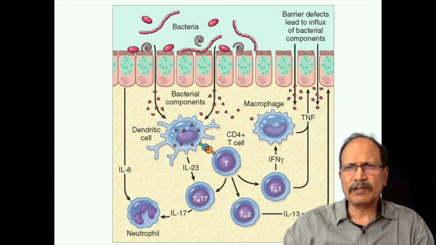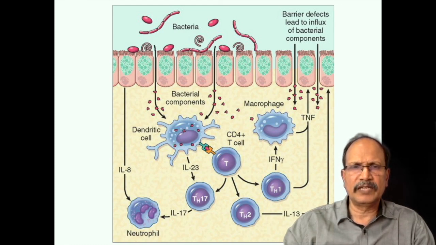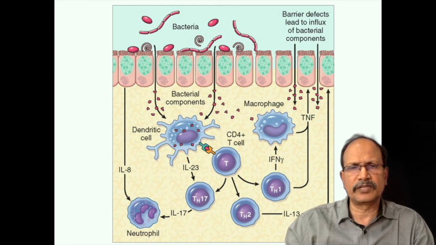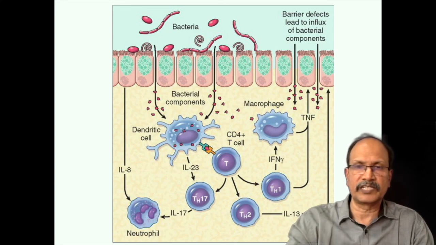All cause damage to the overlying epithelium. And there is production of interleukin 23, which stimulates Th17 cells, which are further associated with the secretion of interleukin 17, recruitment and activation of neutrophils, and damage to the overlying epithelium will be facilitated by this process.